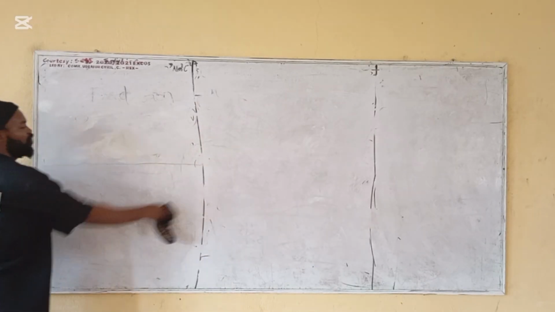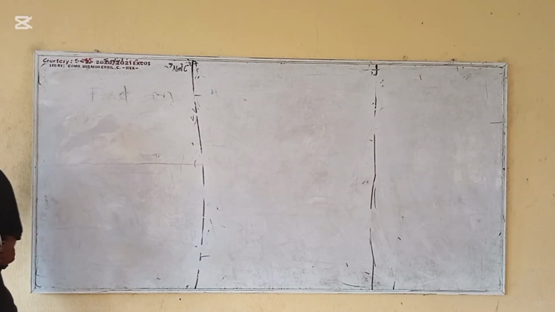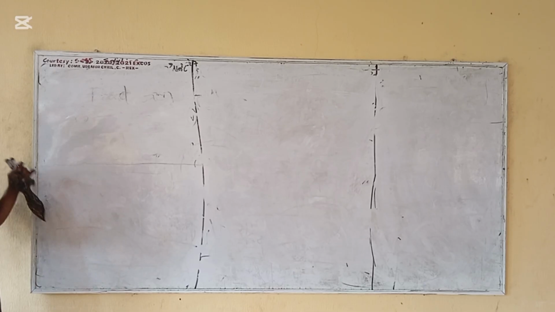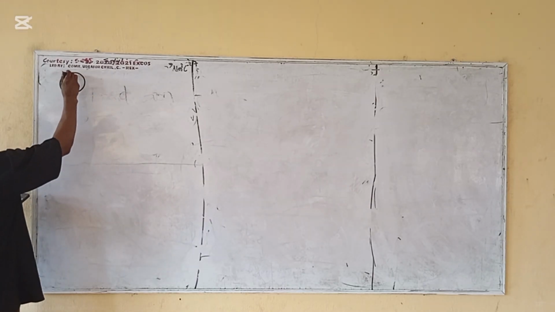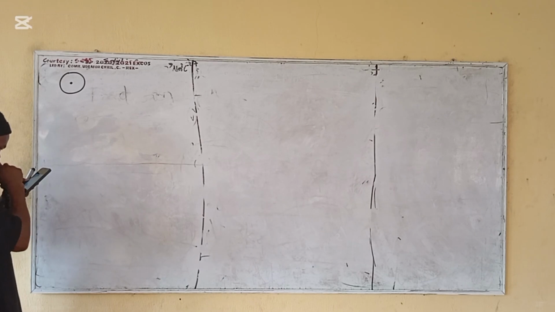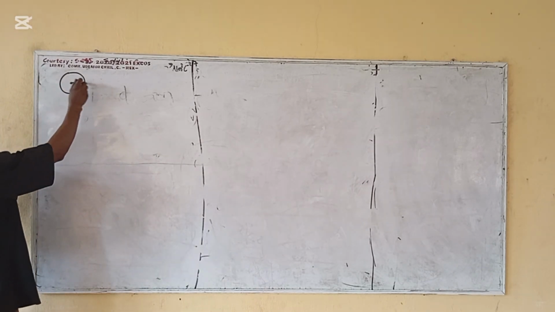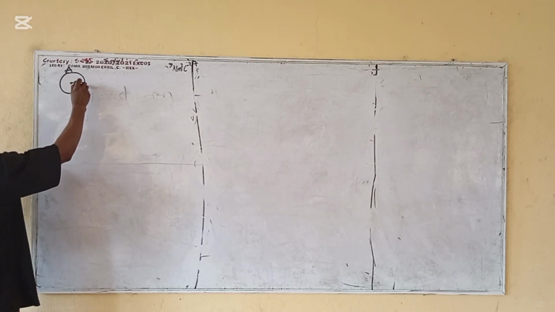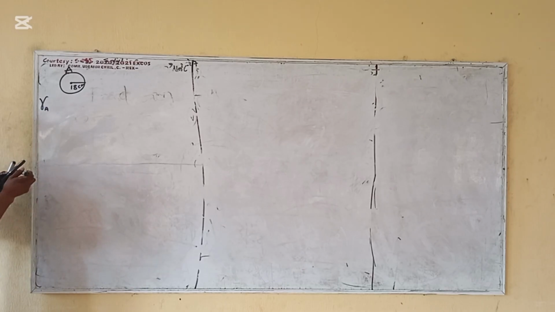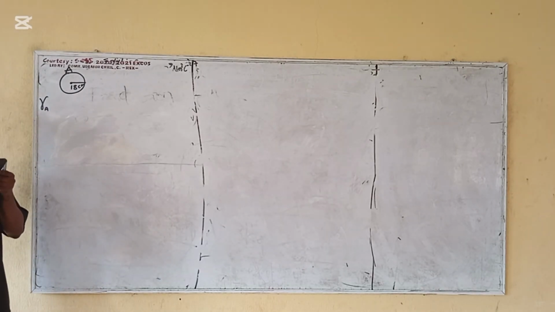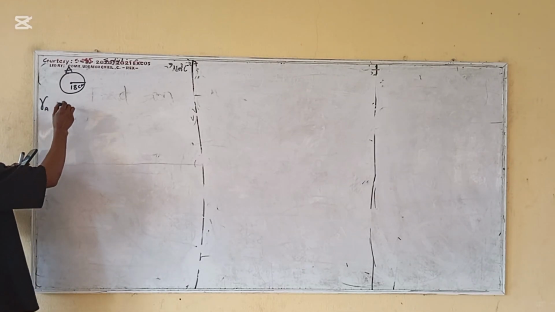When that time comes, I will show you. So number 10. They said an isolated conducting sphere A has a radius of 18 cm.